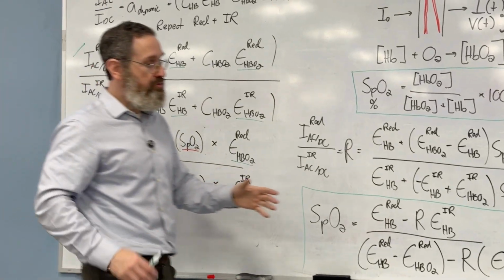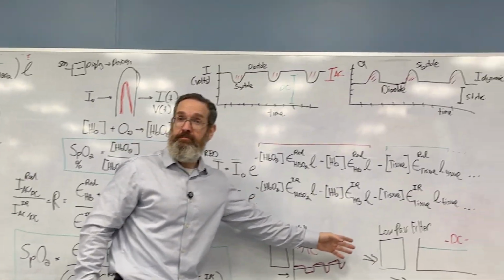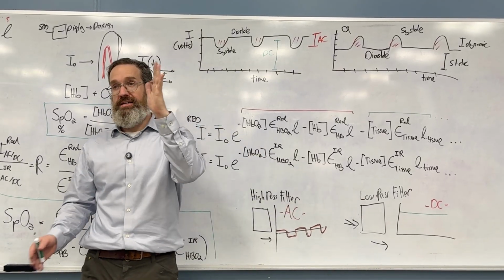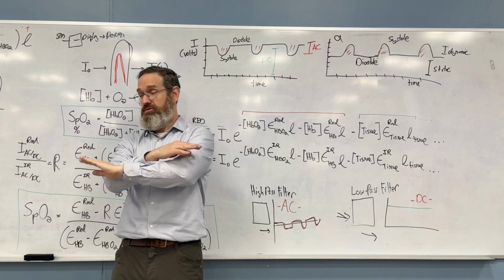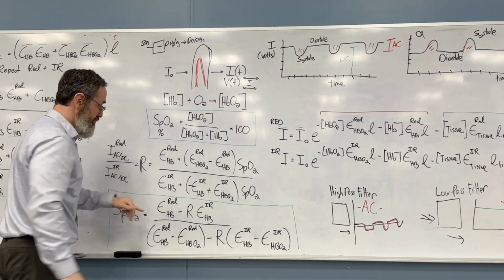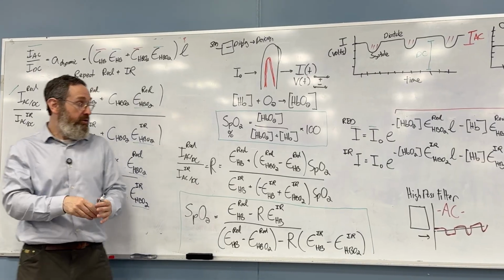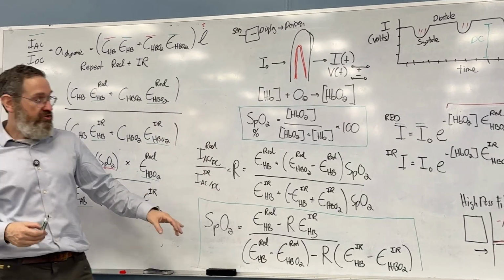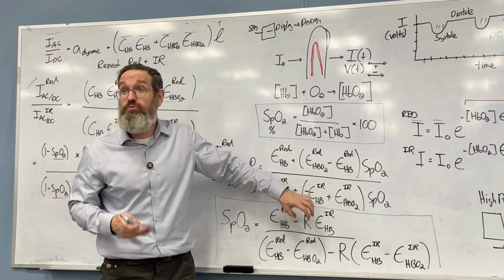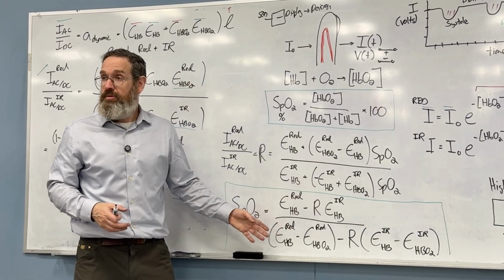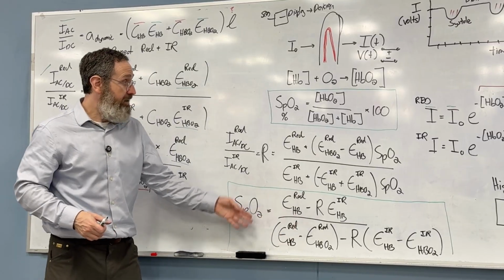So you develop an instrument that does a high pass and a low pass, for red and infrared, and it does a ratio of ratios. Then you get a value out of your instrument that's called R. And then you don't have to know the math. Just take that R that you built and plug it into this equation. And the thing that will come out is Emily's blood oxygen.